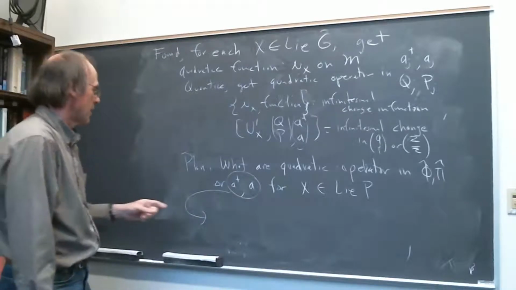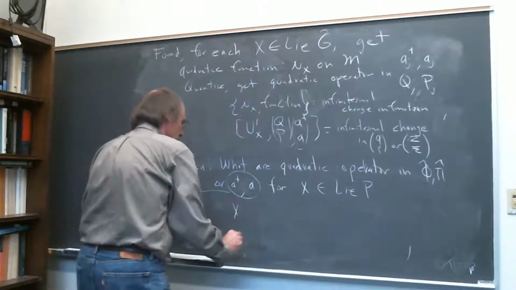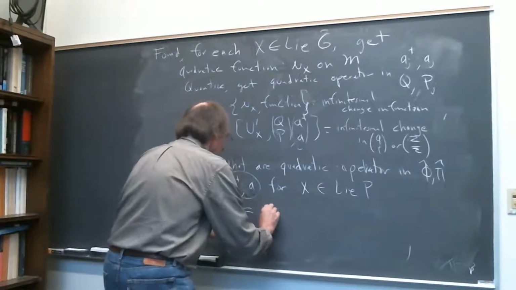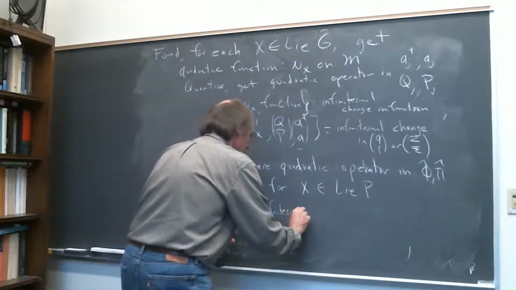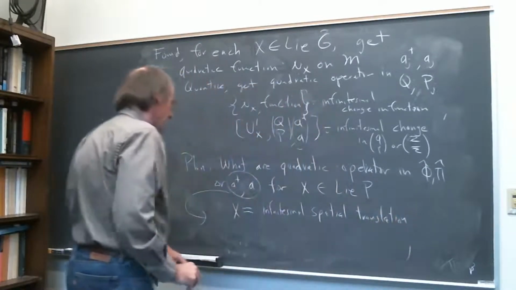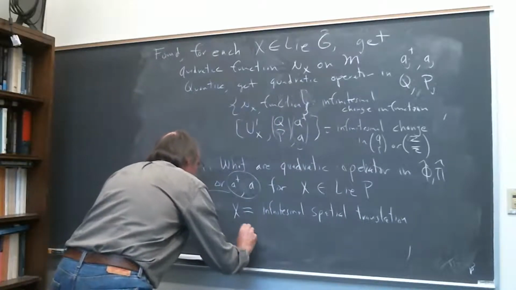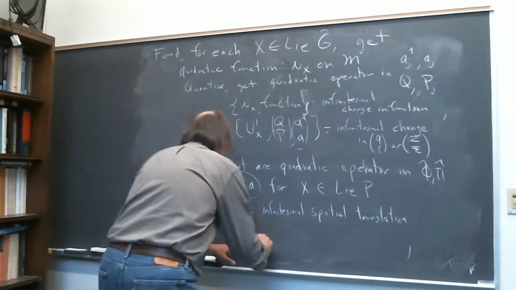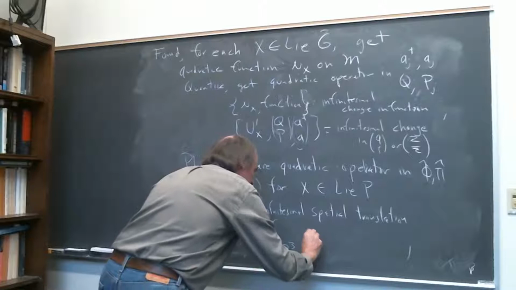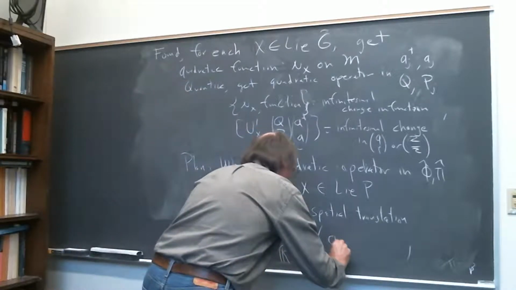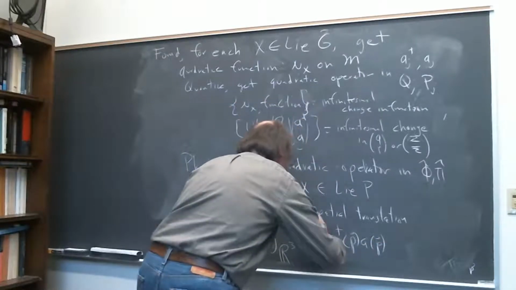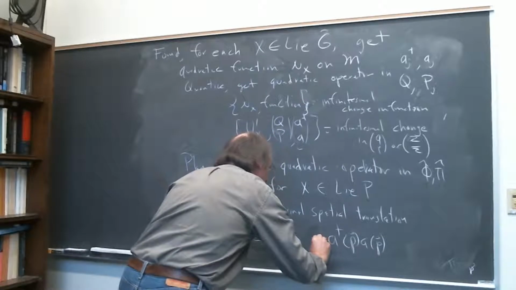So what's going to happen is that for a spatial translation, infinitesimal, what we're going to get is P vector equal to just the integral over R cubed of p vector times A dagger of p, A of p. Okay, this is small p vector.